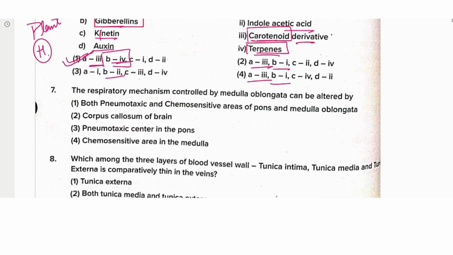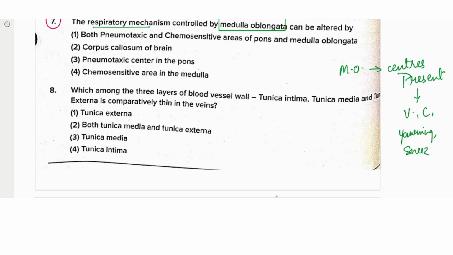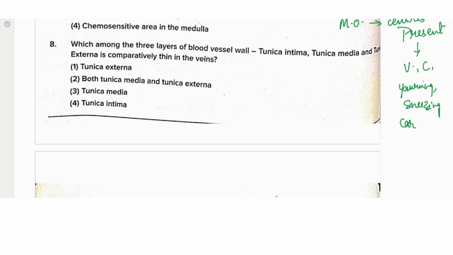Now next, see question number 7, that is the respiratory mechanism controlled by the medulla oblongata can be altered by. Actually, the medulla oblongata is the part in which the centers are present. Which centers? These centers are for vomiting, coughing, yawning, as well as sneezing, and very important ones, cardiovascular as well as respiratory.